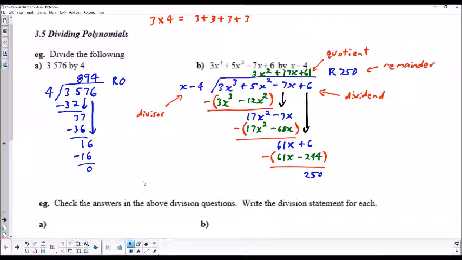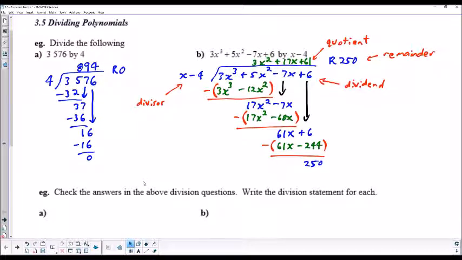So in order to check division answers, just like if we're checking maybe addition questions, we would subtract, or if we check multiplication questions, we would divide. We do the opposite to check to see if we're all correct. So what we're going to do here to check if these divisions are correct is we're going to do the opposite process. Here we divided 4 into 3,576 and got 894, remainder 0.